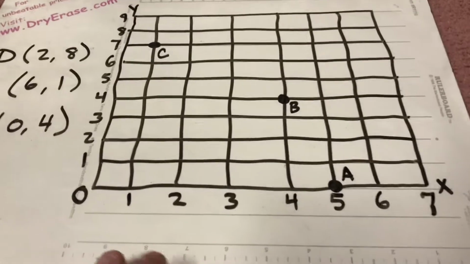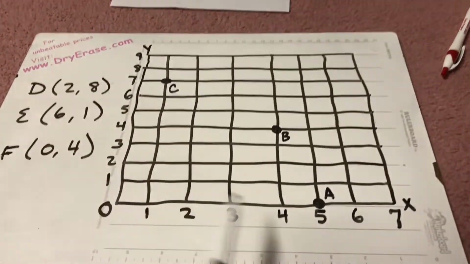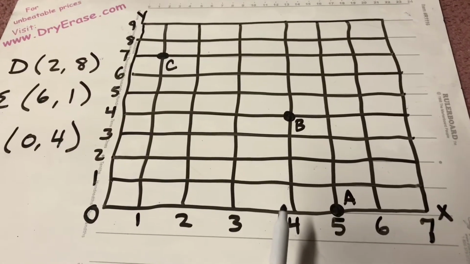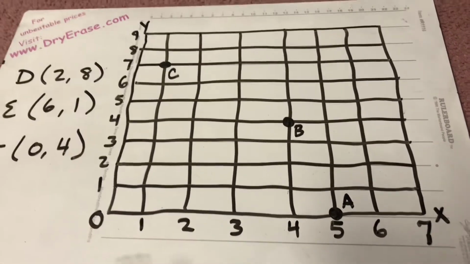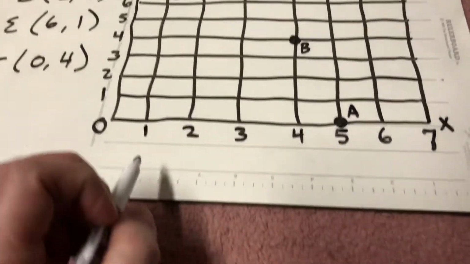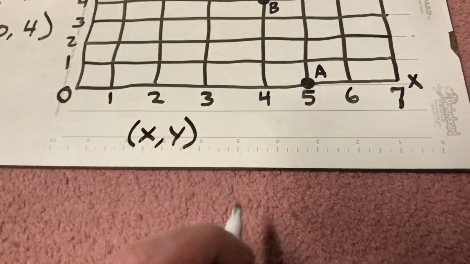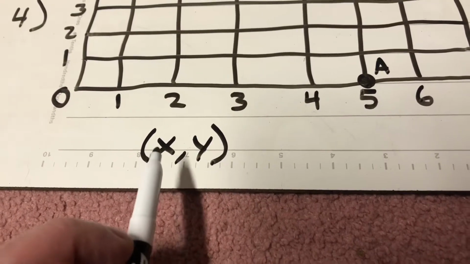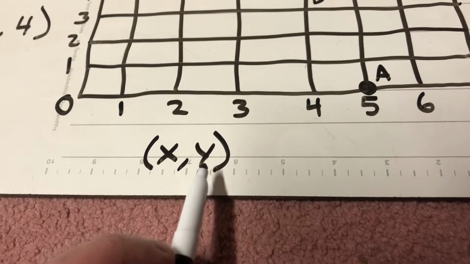But for fifth graders, we're going to be using this coordinate grid on today's assignment. You're going to have things like this on your paper that you're going to need to look at. Whenever you're dealing with graphing, you're always going to be dealing with ordered pairs that are graphed as x, y, where the x coordinate comes first and the y coordinate comes second.